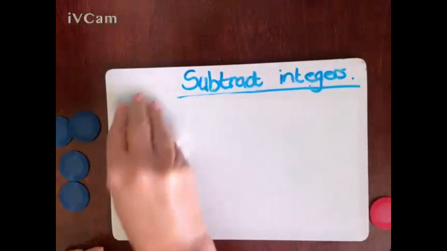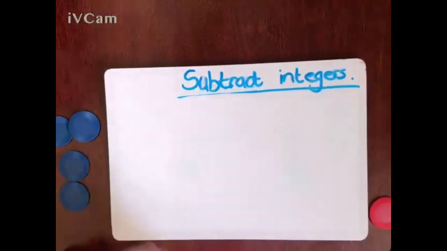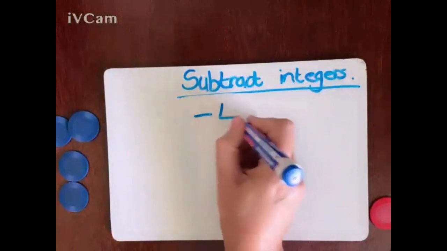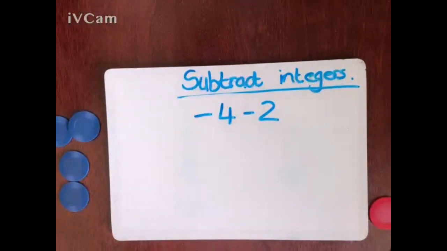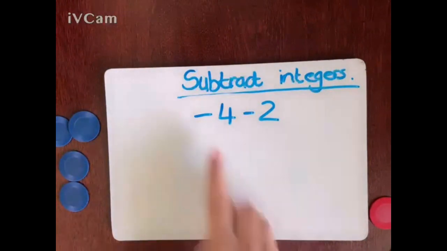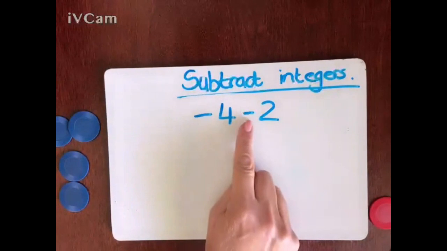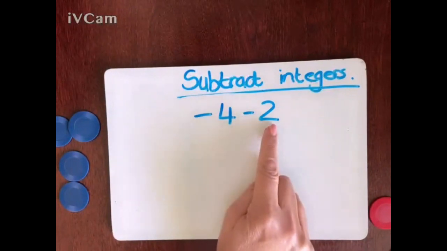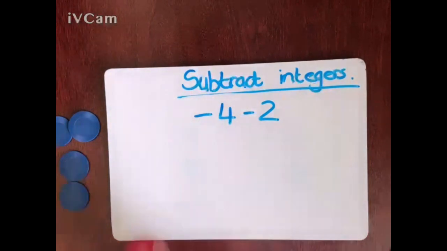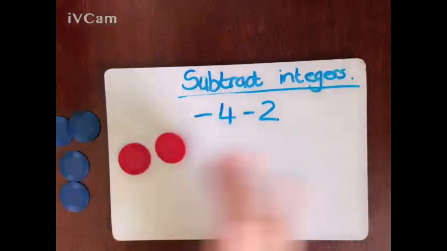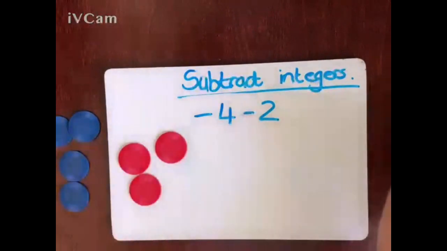We can also do this sum. Right, so let's see. -4, take away +2. That's actually what it is. -4, so I start with 4 red Smarties.